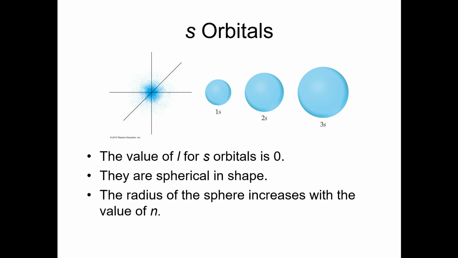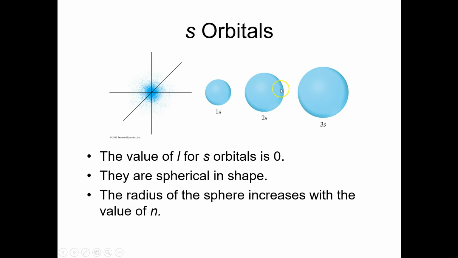As you'll recall, when L is equal to 0, that's called an s subshell. And so all s orbitals are spherical in shape. The actual probability distribution from the Schrödinger equation would look like this, but we would depict it as a sphere. So the 1s orbital is the smallest, closest to the nucleus.